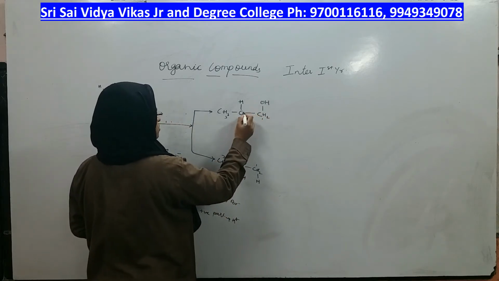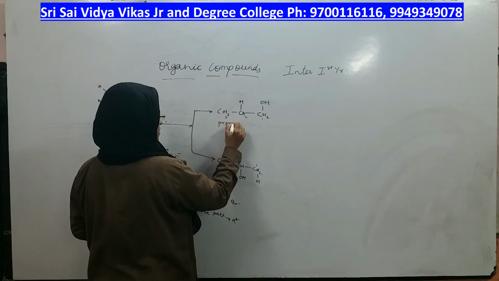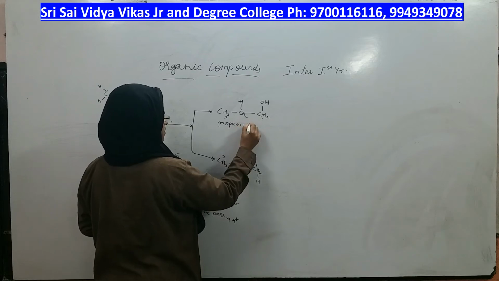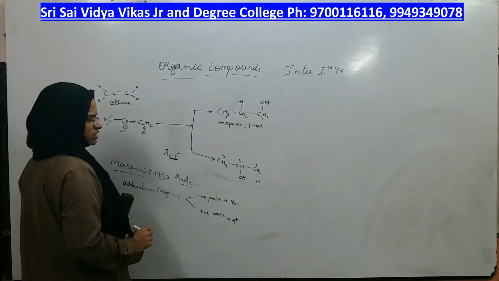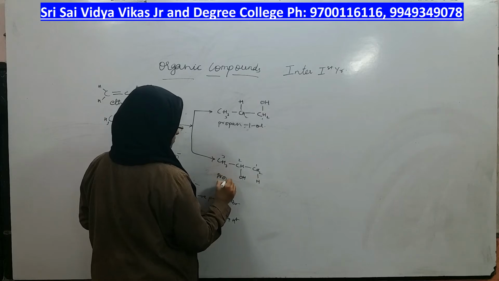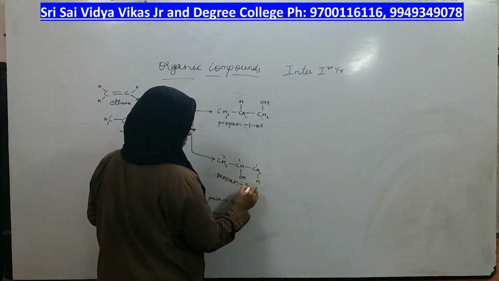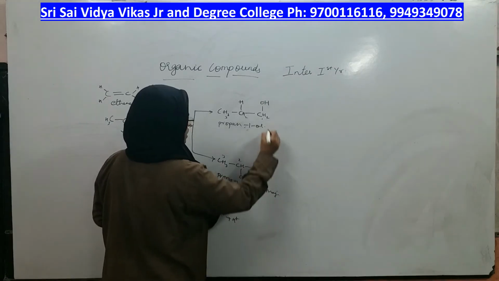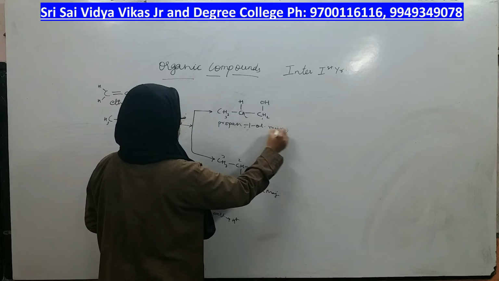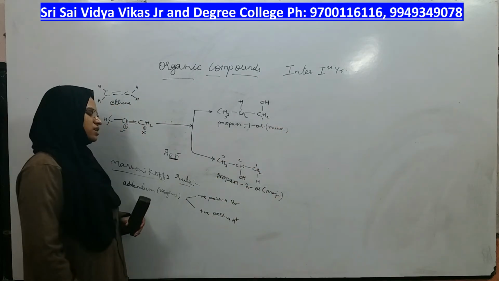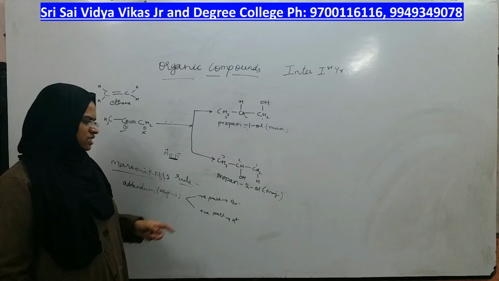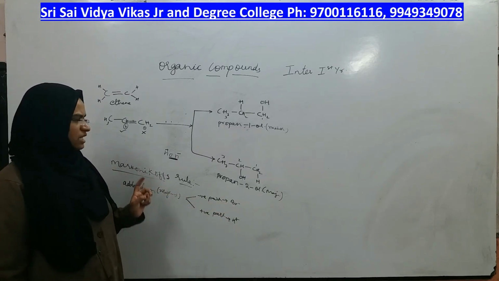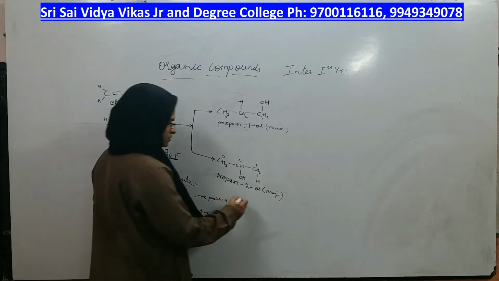Propan-1-ol is the first product, and propan-2-ol is the second product. This is major and this is minor. Whatever the reagent, the negative part of the addendum attaches to the carbon containing fewer hydrogens.